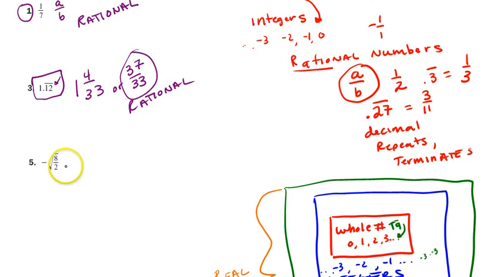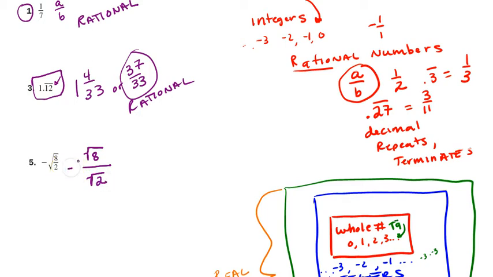Now this one's a little tricky, and I want you to be really careful when you come across numbers like this. The opposite of the square root of 8 over 2. Now I'm going to use one of the principles I learned about in the other video, and I'm going to separate this out and turn it into the square root of 8 over the square root of 2.